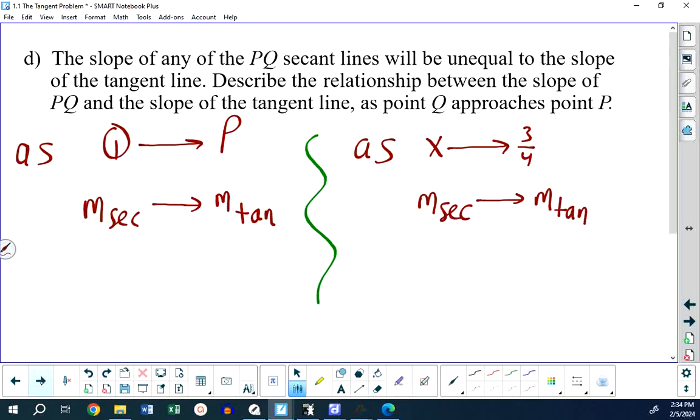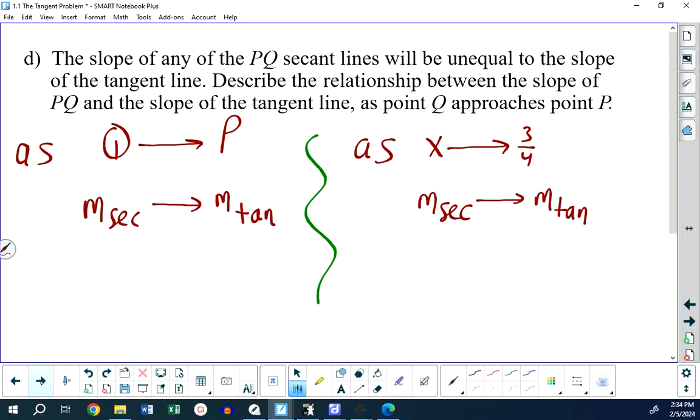Why not get specific? Why not say that the only way Q can be getting closer to P is if the x-coordinate of Q is getting closer to 3/4?